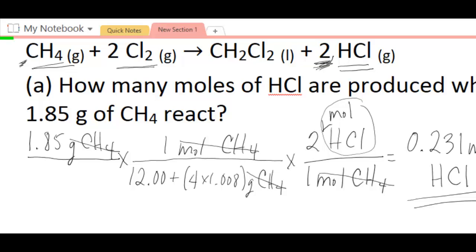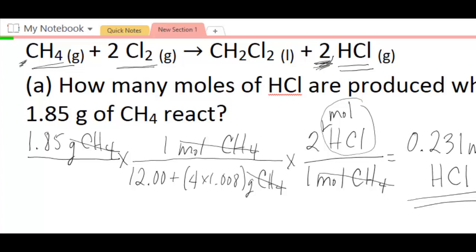And then you can get to moles of hydrochloric acid by taking the molar mass of hydrochloric acid, which is going to be the atomic mass of hydrogen plus the atomic mass of chlorine. That's how many grams of hydrochloric acid you have per 1 mole of hydrochloric acid.